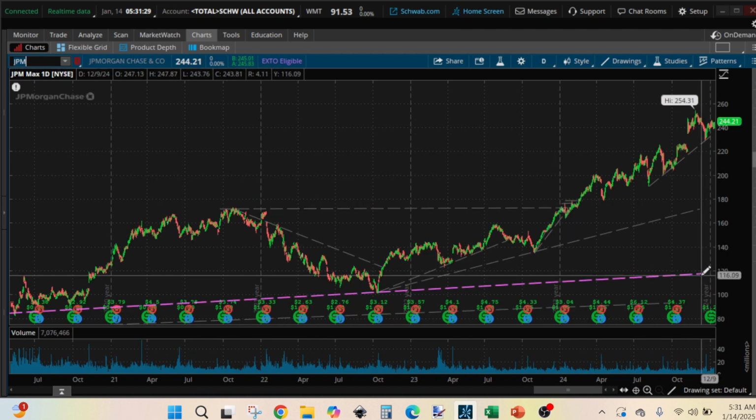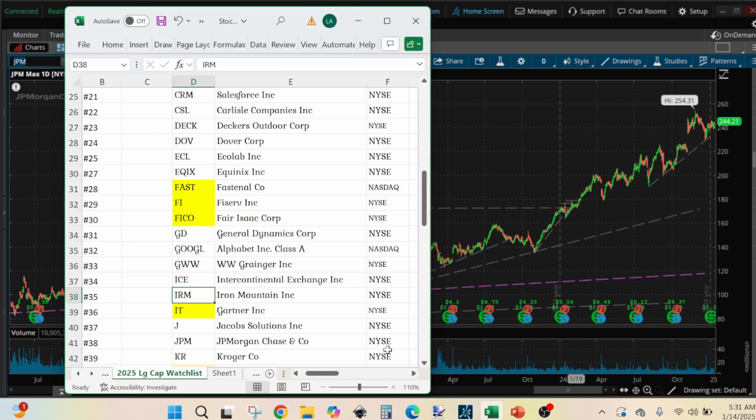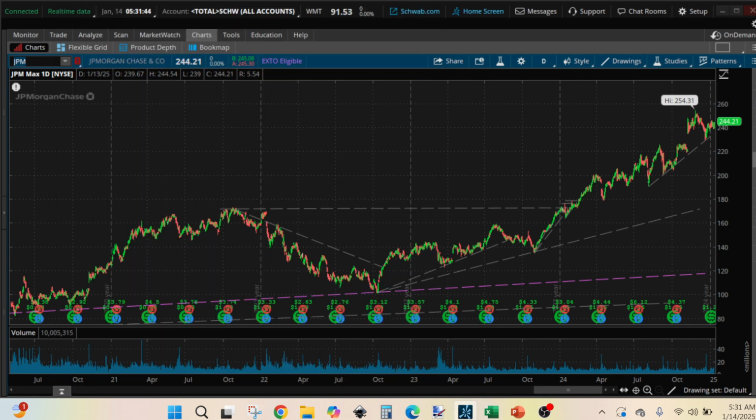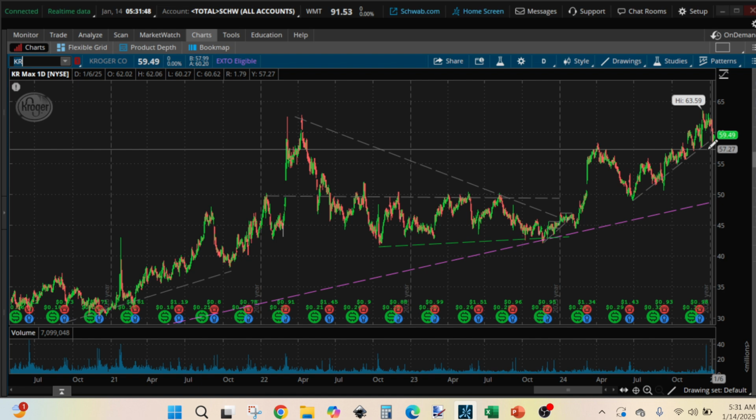They are not close yet. It's not close yet. So the next one is KR. And KR seems to be following this trend line, but we like to wait and enter on this one.